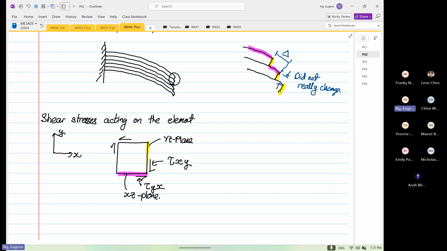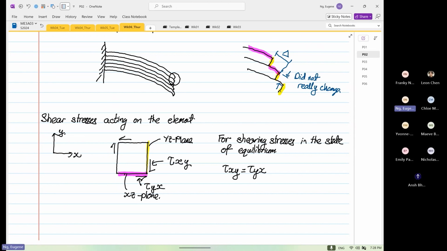So in terms of shearing stress, we make the assumption that in a state of equilibrium, shear xy is equal to shear yx.